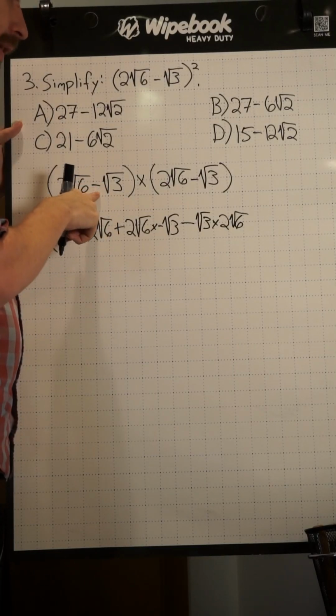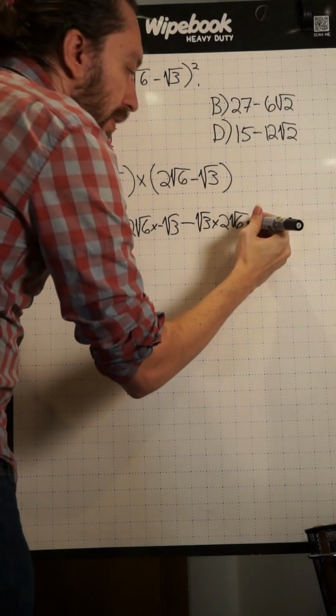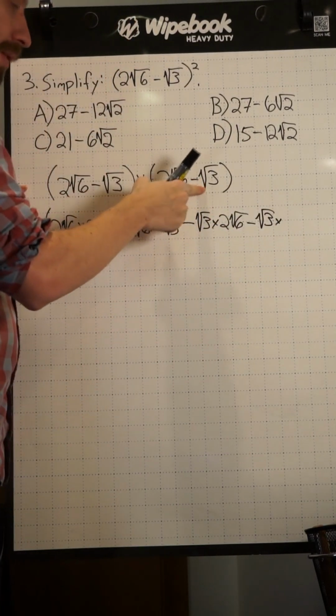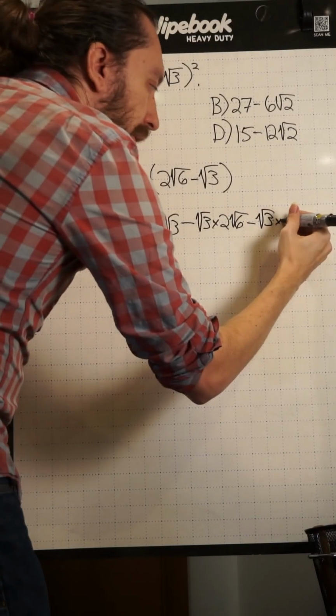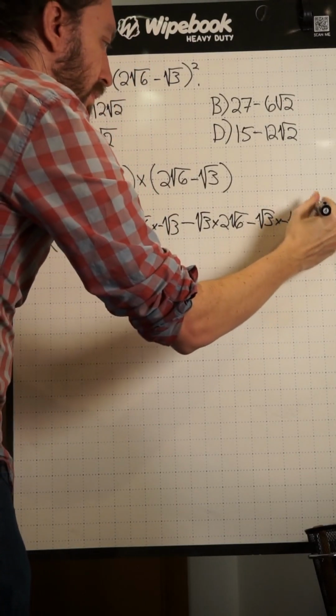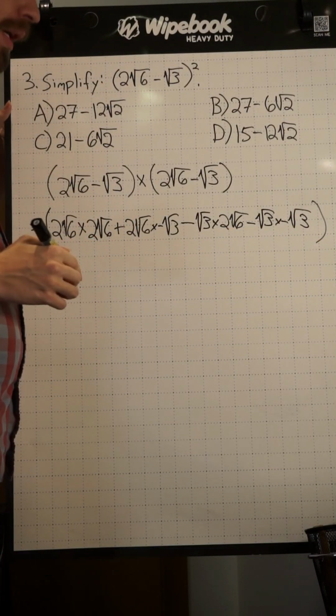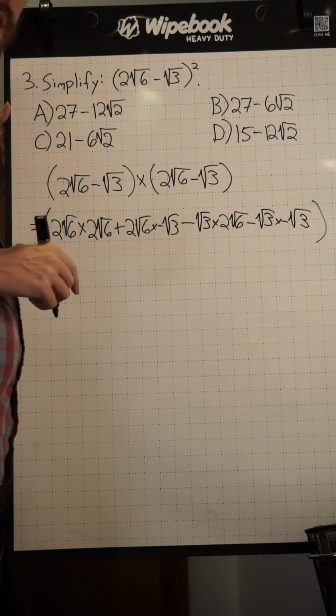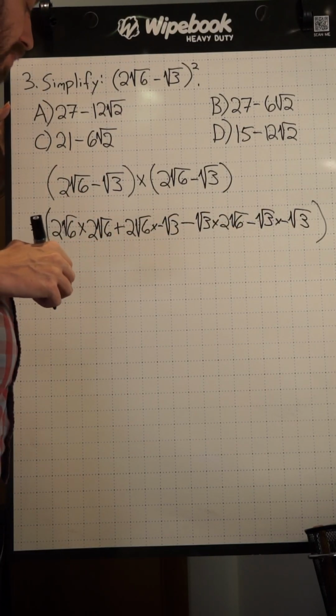And then for the final one, we again have minus square root of 3 times the second one, which is also minus square root of 3. Okay, so this is all of the terms now. We get 4 different terms. Now we can start to simplify. We can multiply them together.